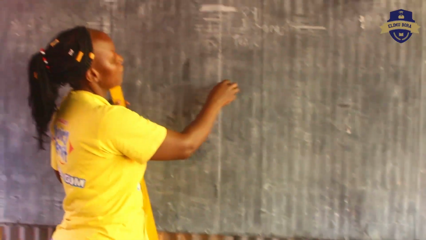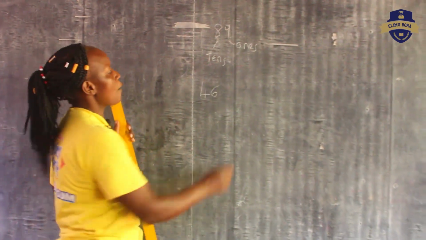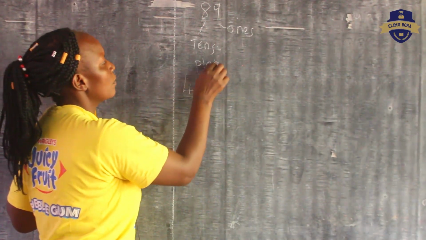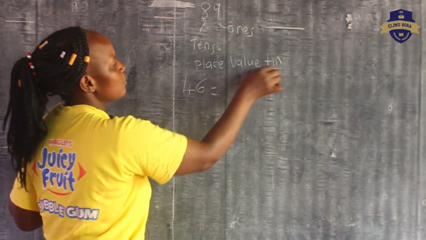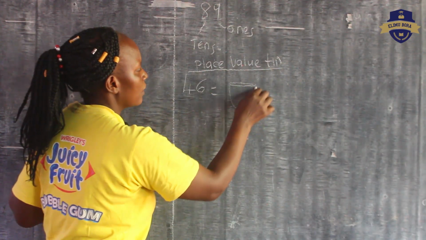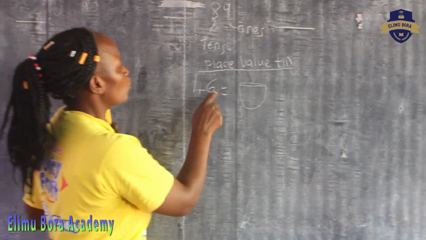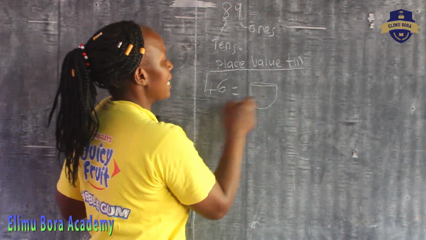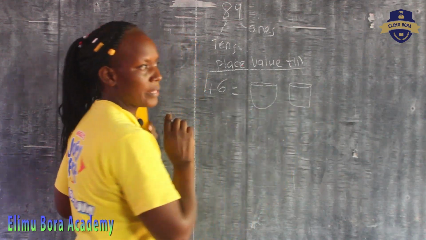Like maybe I have number 46. I want to use a place value tin. I draw my tin like that, and another tin there.